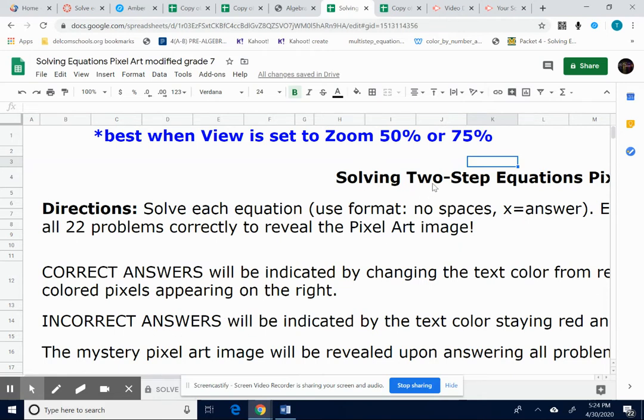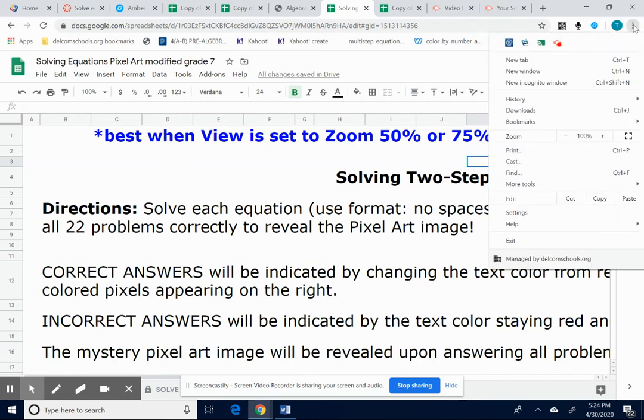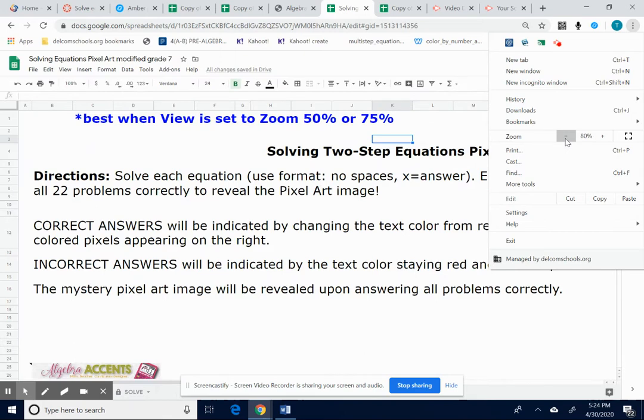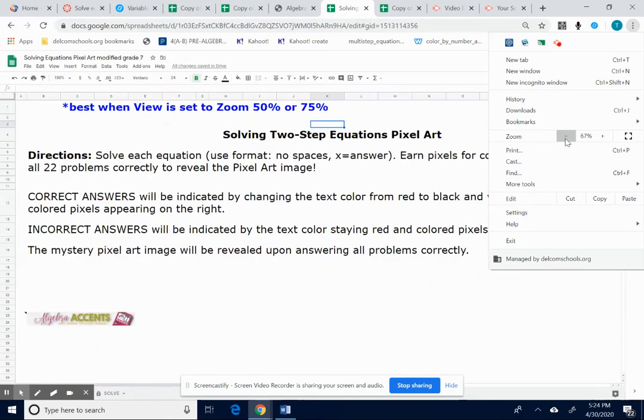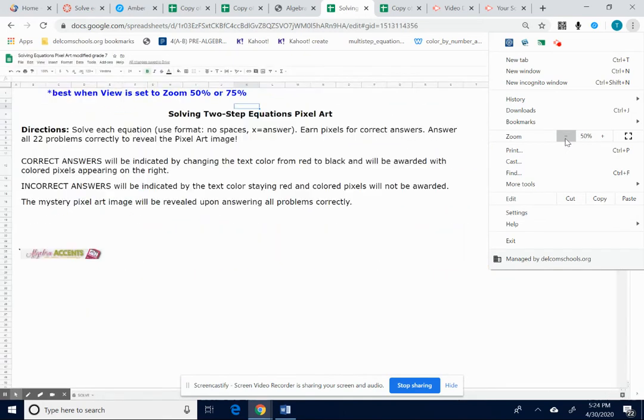So go to the three dots on the top right-hand corner, click, go down to zoom, and click the negative button until you get to 50%, then click out of it.